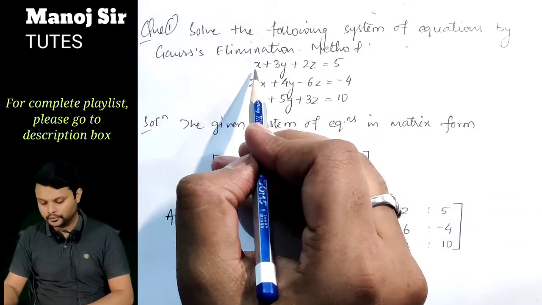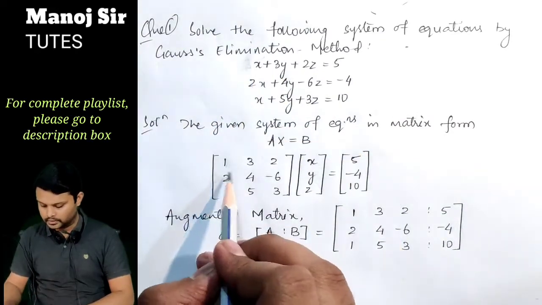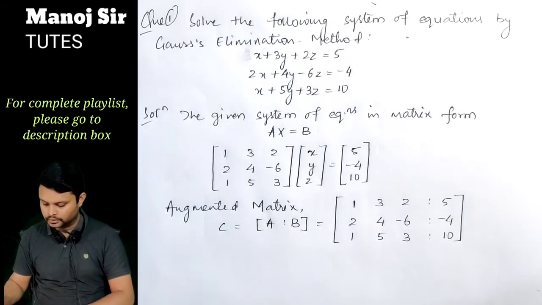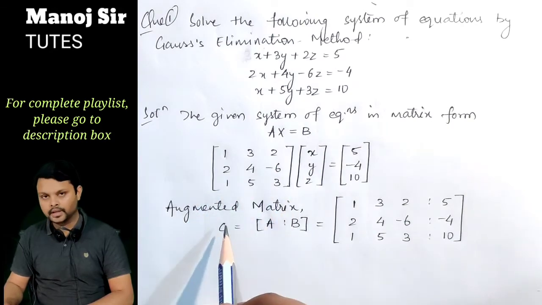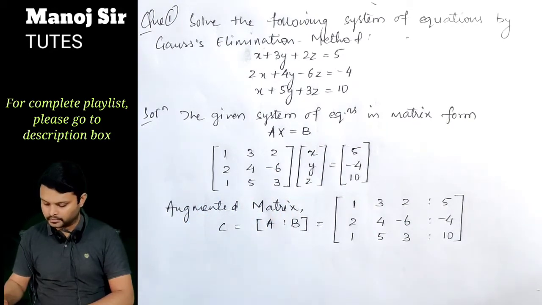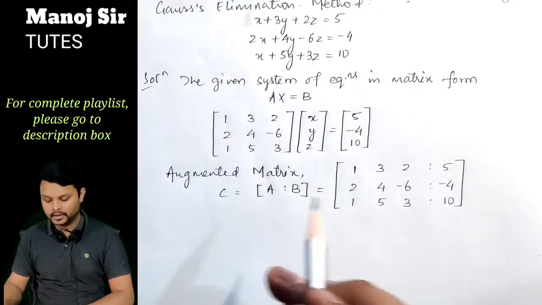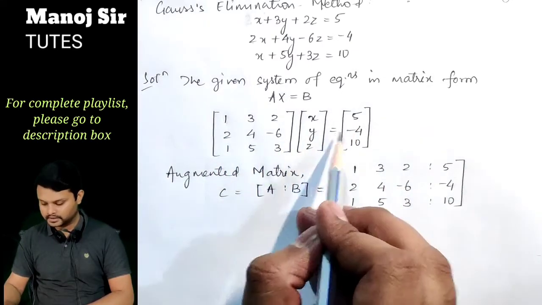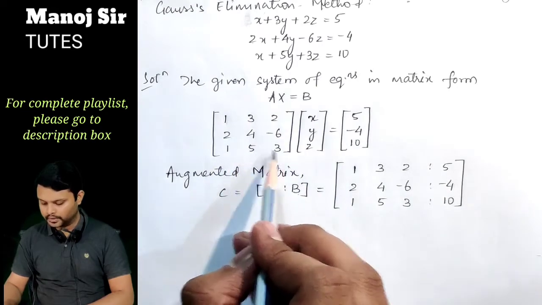Here we have the coefficient of x as 1, so we have 1 in the first element a11, so no need to change. After writing this, we write the augmented matrix, that is C = [A B], that is [1, 3, 2, 5; 2, 4, -6, -4; 1, 5, 3, 10].